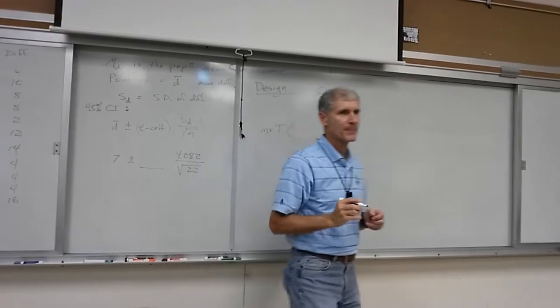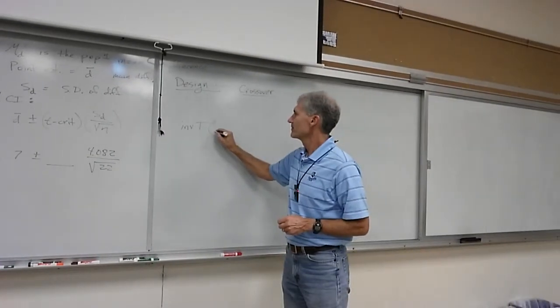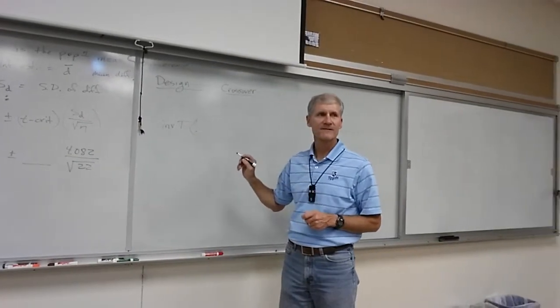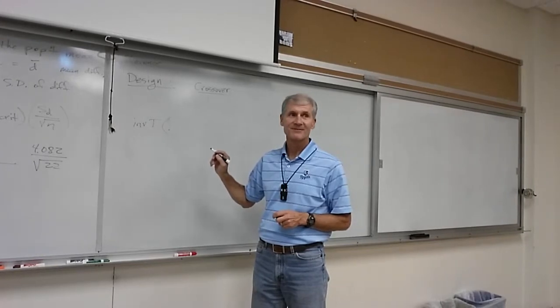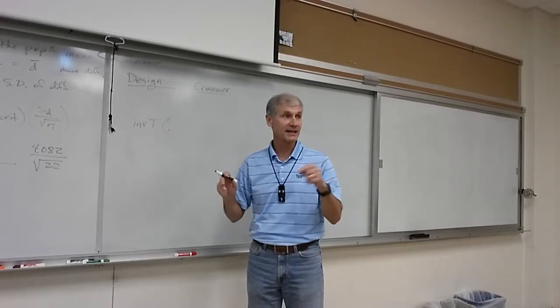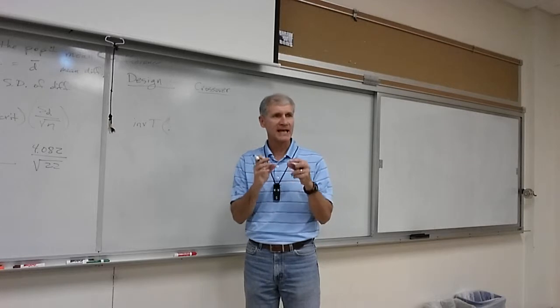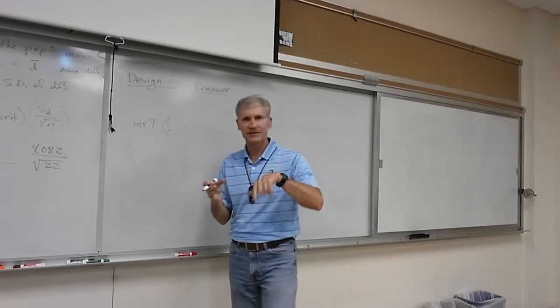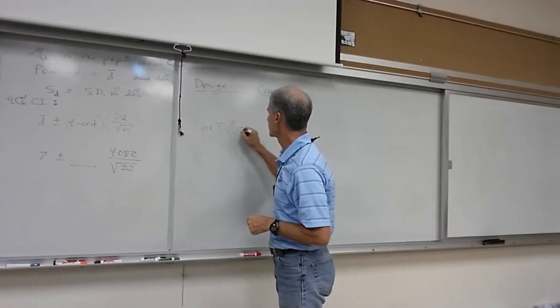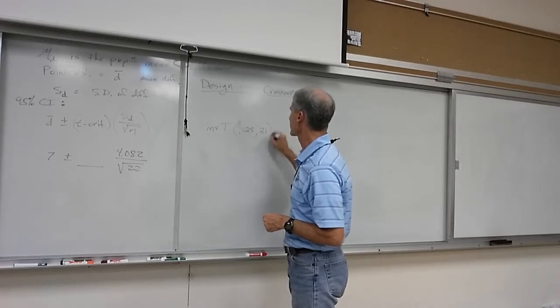0.95 for the area. Is it 0.95? 0.025 or 0.975. Either one of those will work, but it's half of alpha. And alpha is 1 minus c. So 0.025 with 21 degrees of freedom.